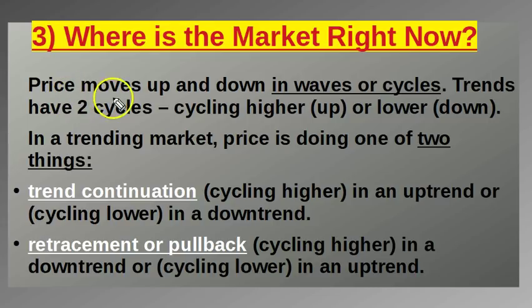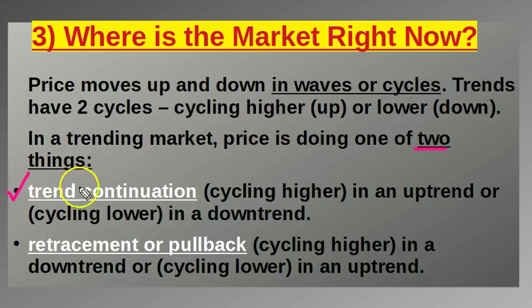But basically, price moves up and down in waves or cycles. Trends have 2 cycles. If you're in a trend, you're either cycling higher, going up, or you're cycling down, where price is coming down. And this is all within a trend. So in a trending market, price is doing one of 2 things.